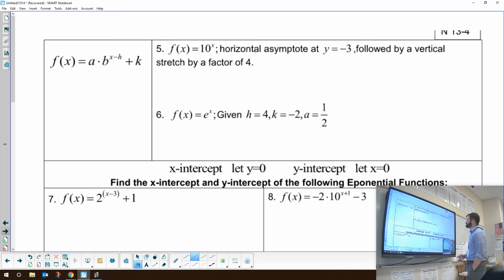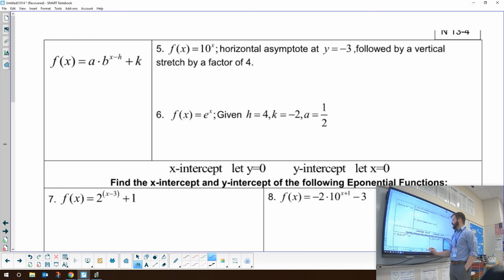Number 5, it says, we have a horizontal asymptote at y equals negative 3. Now, remember, when we did 13.1, we had vertical asymptotes, and those vertical asymptotes were connected to my h value. Well, now I have these horizontal asymptotes, and this horizontal asymptote is going to be connected to my y value, and so that's going to be my k as well.